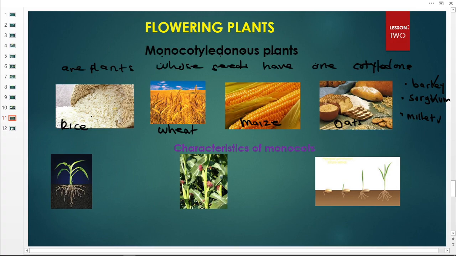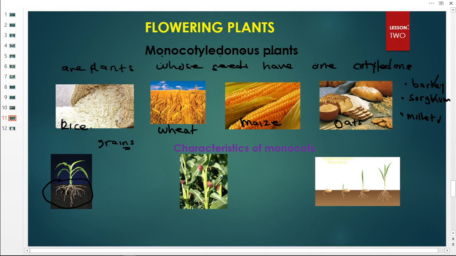Then what you have to know more about these monocot plants is that their seeds produce grains, or they are grained plants. And then from there, let us look at their characteristics as we discussed the characteristics of the dicots. So in this picture here, we are seeing the root system.